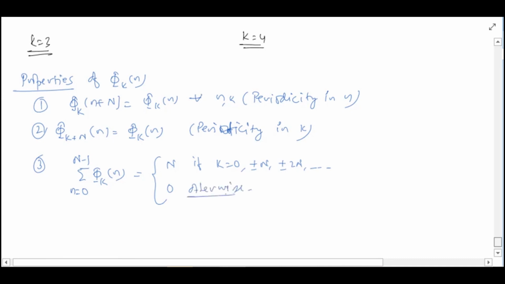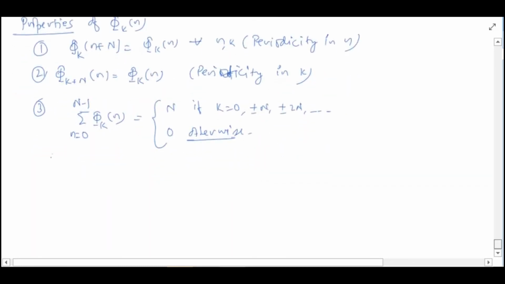This is a property that can be easily verified by carrying out the summation. Finally, the fourth property says that the product of complex exponentials phi k n and phi m n is phi k plus m n.